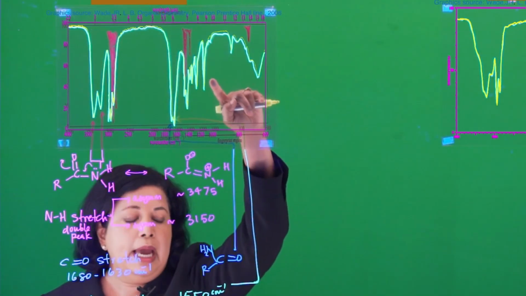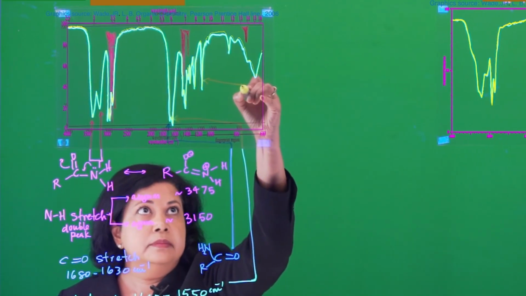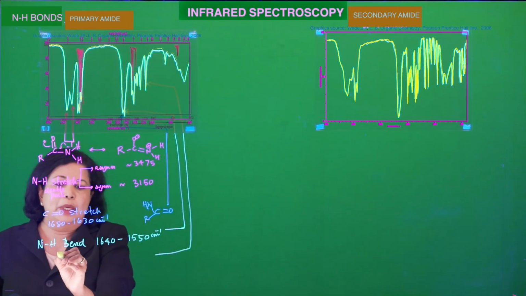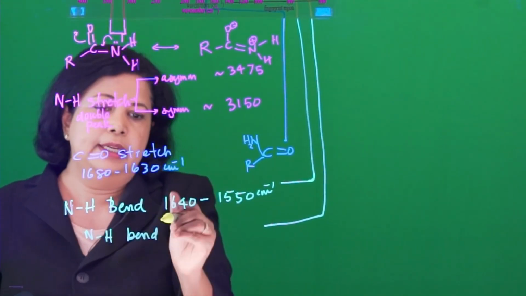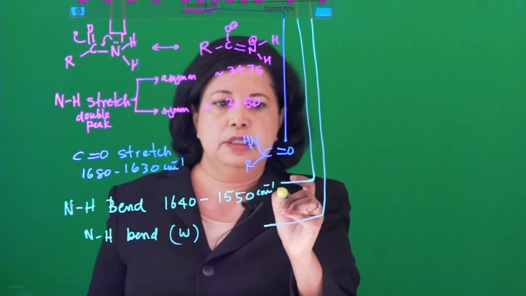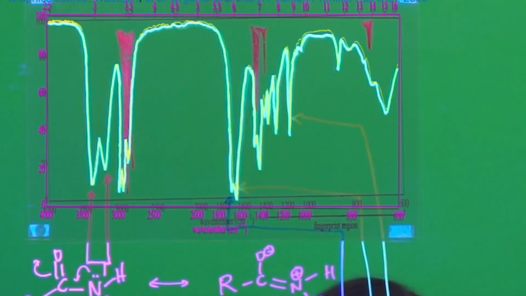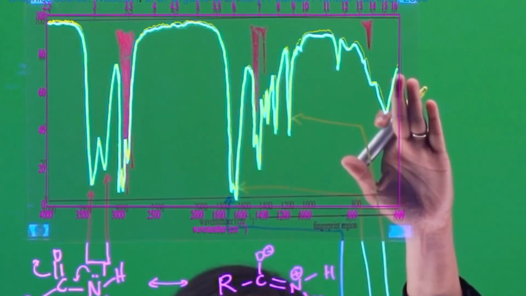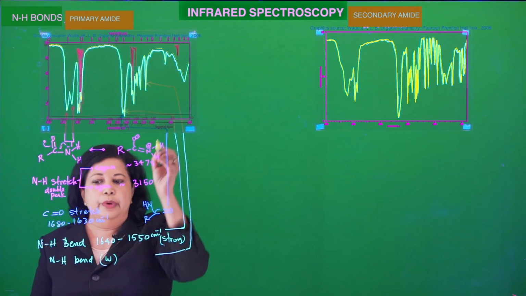Now you also have around 1125, which is this peak, kind of a weak NH bend. We have these NHs. This will be typically a weak NH bend. This is typically a strong NH bend. Now we also have a very wide peak here, and that is an out of plane bend for the NH.